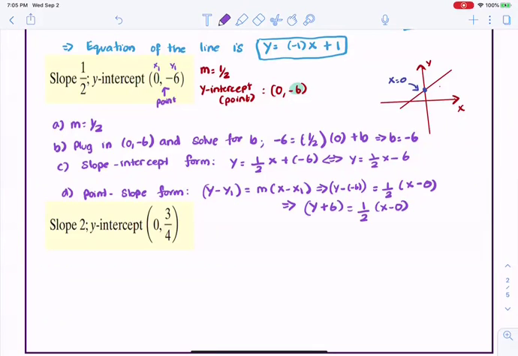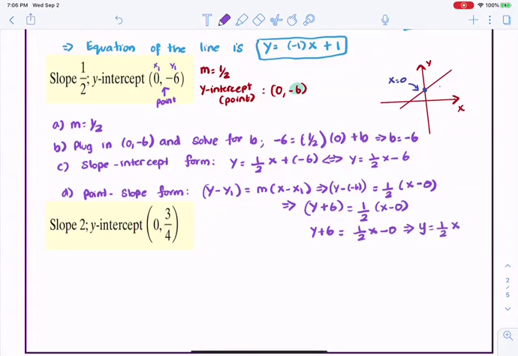Now, earlier I mentioned that if we do some algebra, we're going to get the slope-intercept form. So what I have here is y plus 6 equals 1/2 x. Distribute that 1/2. 1/2 times 0 is 0, so minus 0. Move the 6 to the other side.